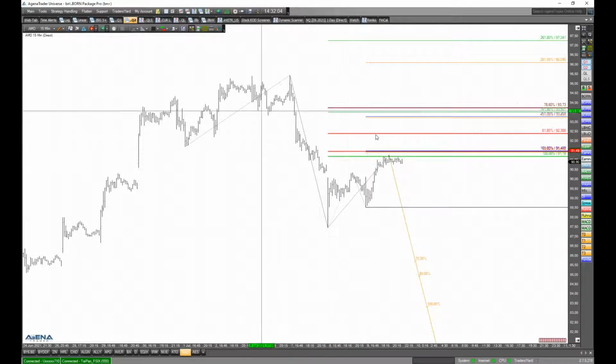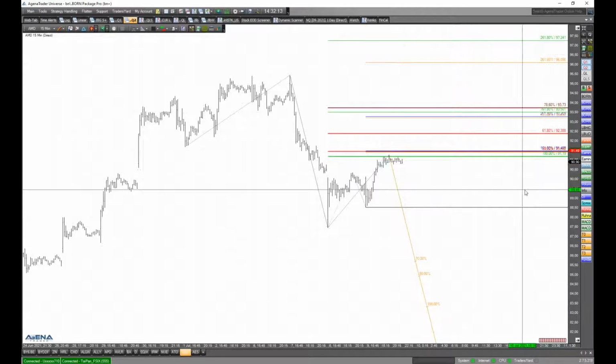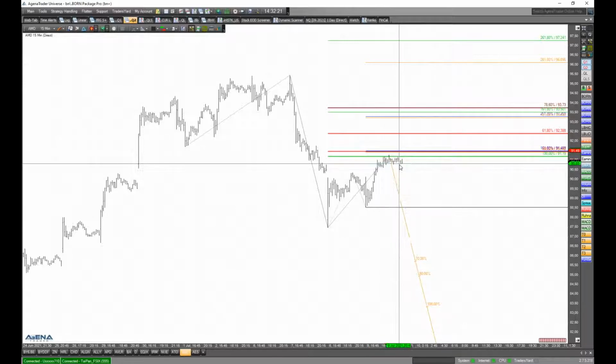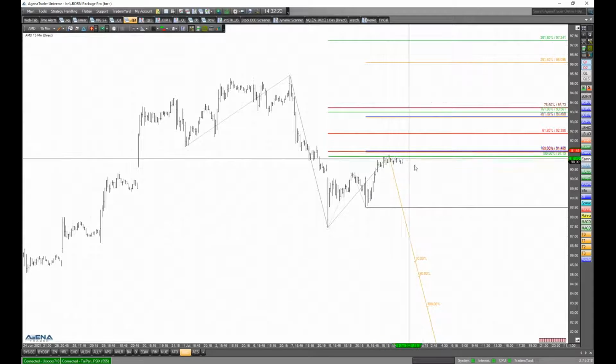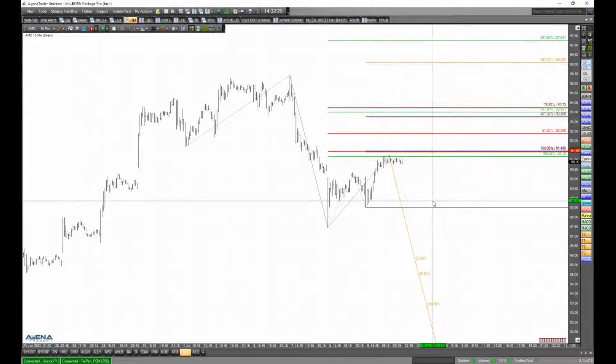It's a little bit lower than the other levels here, but we can see that this area around 91.49 roughly is giving us a quite nice cluster of resistance in this case. So we have a good chance that the market will turn from that point. It's not a promise, it's not given that this will happen, but the chances are very high that the market is doing something like this.